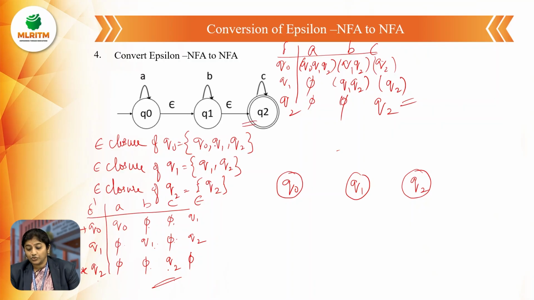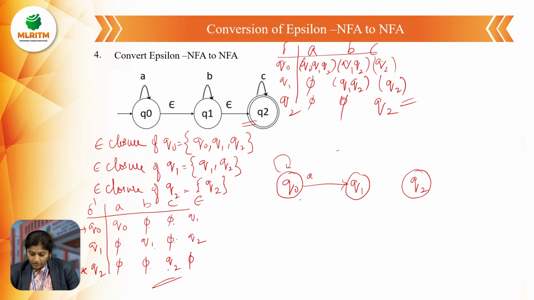So wherever q2 is present, those states will be final states. So q0 on A is q0 only. q0 on A is q1. q0 on A is q2 also.